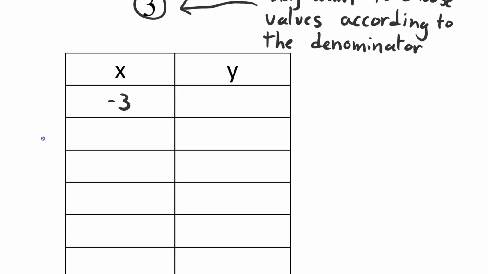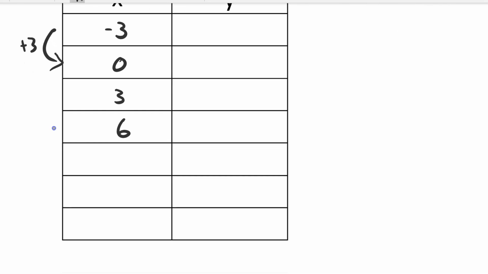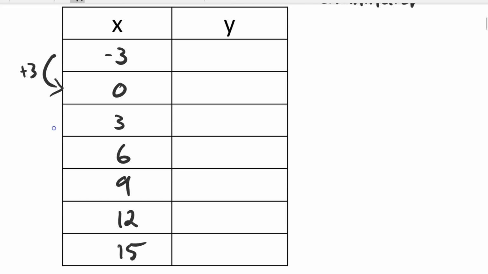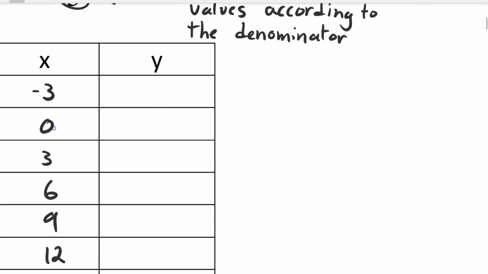So I'm going to be changing my x value by 3 each time. So now I'm going to be going positive 3, which will give me a 0. We increased by 3 there, so plus 3 was our change. This will go to 3, this will go to 6, this will go to 9, 12, and 15. So notice our x values are different for this question here.